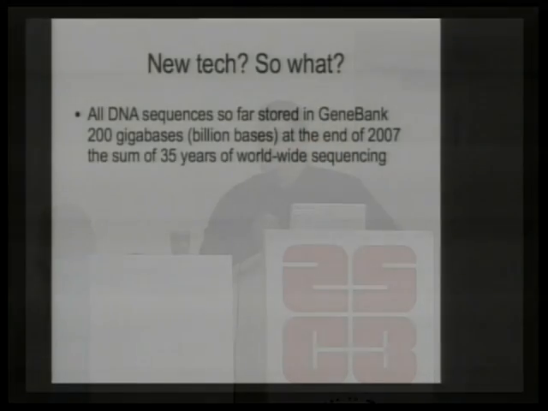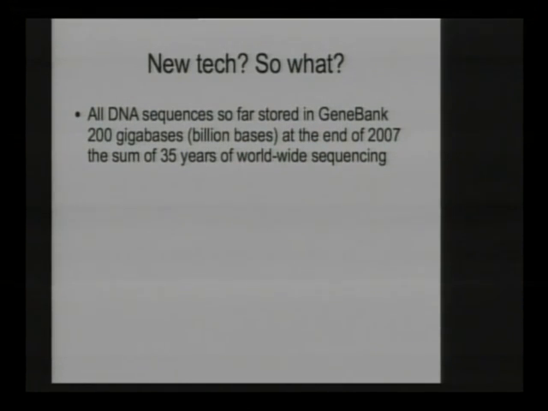So you might say, okay, it's a new sequencing technology, so what, who cares? There's a website, a database on the internet called GenBank that contains all the sequences of all the organisms that were ever sequenced in the last 35 years.